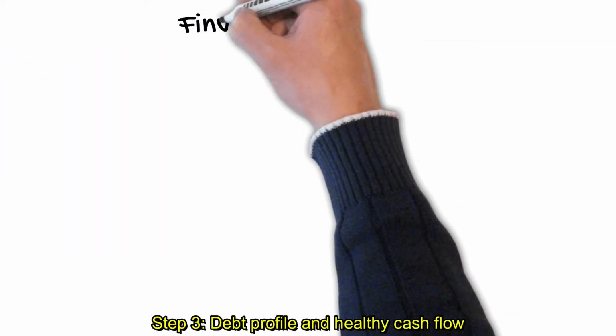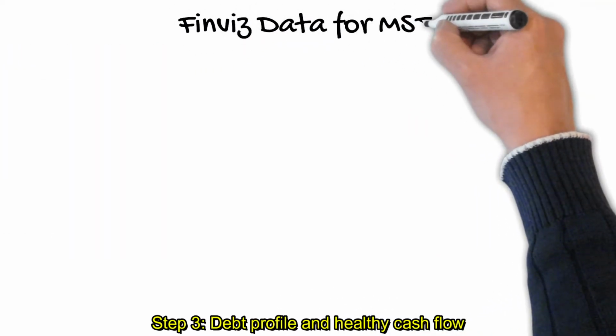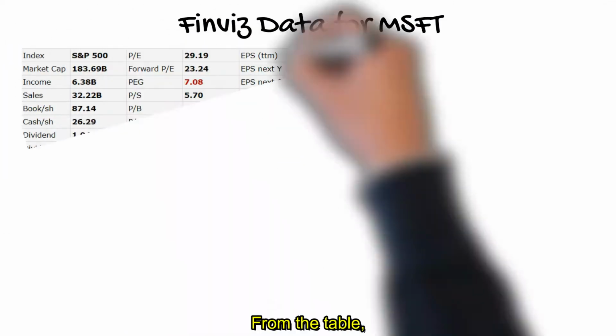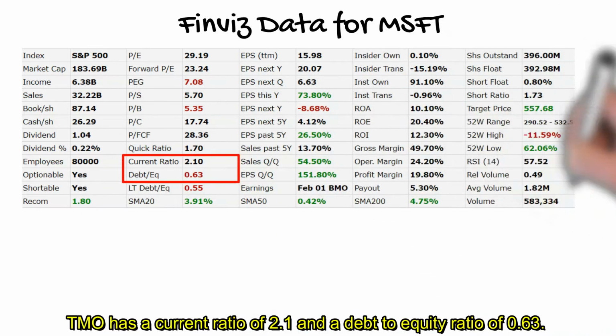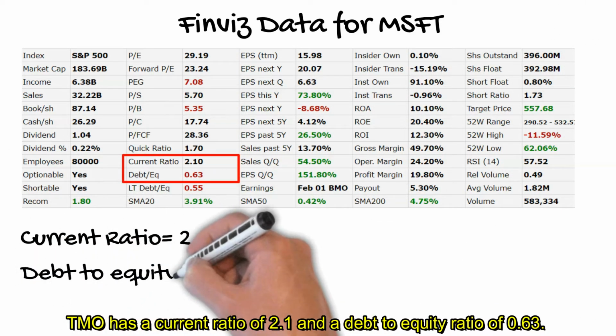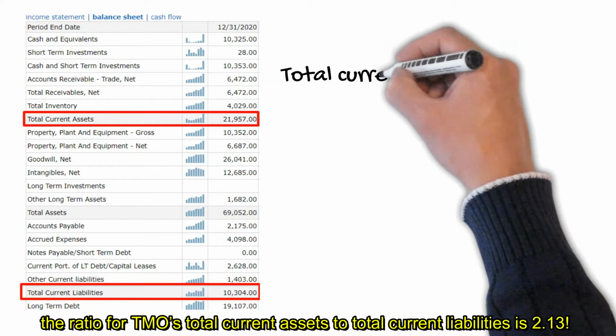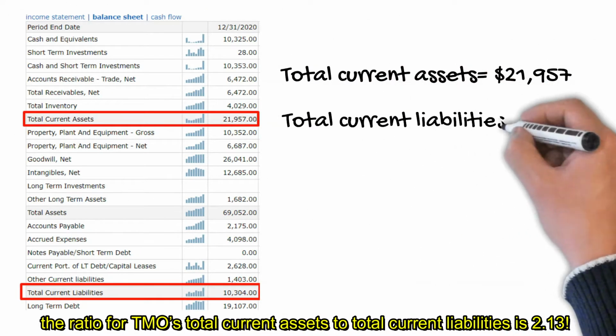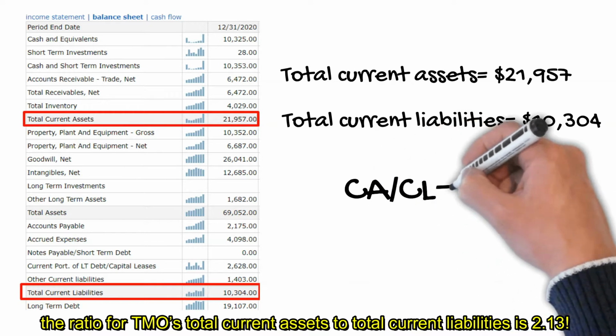Step 3. Debt profile and healthy cash flow. From the table, TMO has a current ratio of 2.1 and a debt to equity ratio of 0.63. From its balance sheet, the ratio of TMO's total current assets to total current liabilities is 2.13.